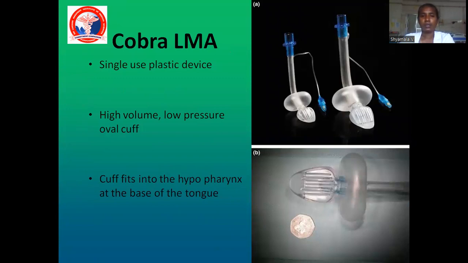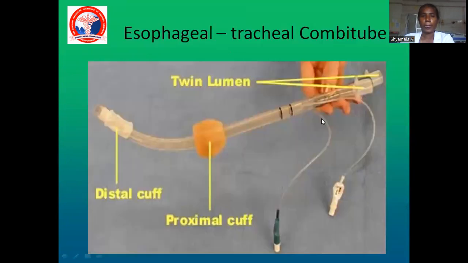No, this is also having a cuff. This is the combi tube. Here it has the distal cuff and proximal cuff and 2 lumens. One is going to the, this is for trachea. This goes to the esophagus. Okay.